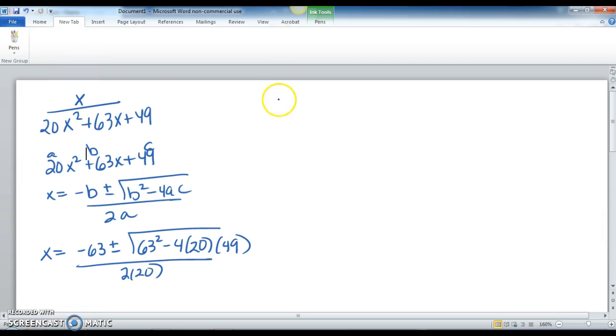So you have negative 63 plus or minus, 63 squared gives us 3969, minus 4 times 20 times 49 gives us 3920. When you subtract those, you would get plus or minus the square root of 49 all over 2 times 20, which is 40. Square root of 49 is 7, so you'd have negative 63 plus or minus 7 over 40.